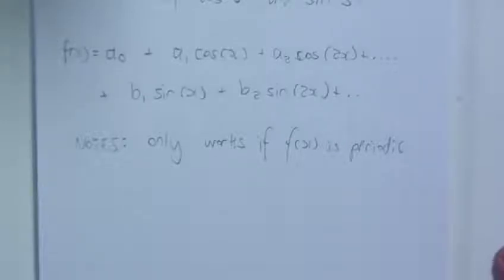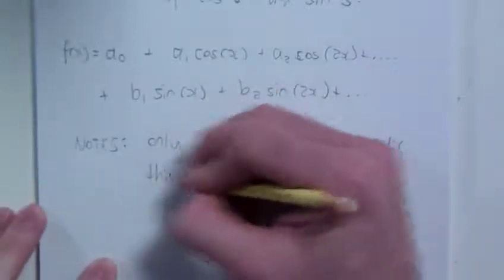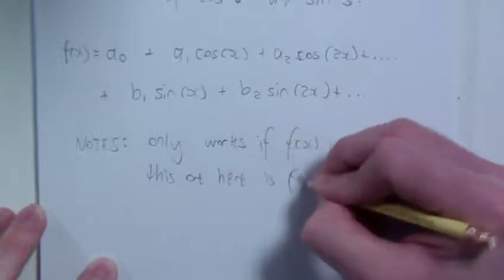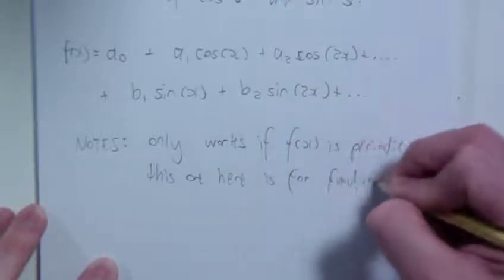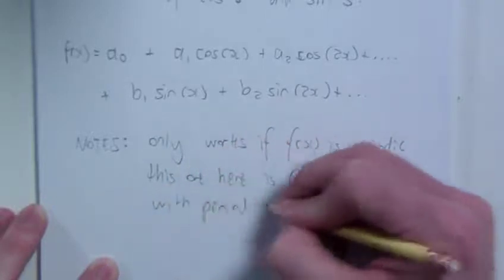So it has to have a period of 2 pi in order for it to use that version, otherwise there's a different version. Period 2 pi, that one there. And if you want a different period, you have to adjust it, and I'll write that down in a second. But that's just the philosophy of what we're going for there.